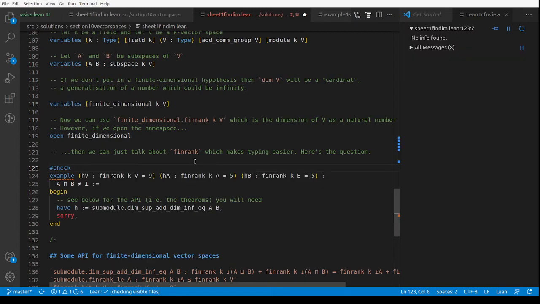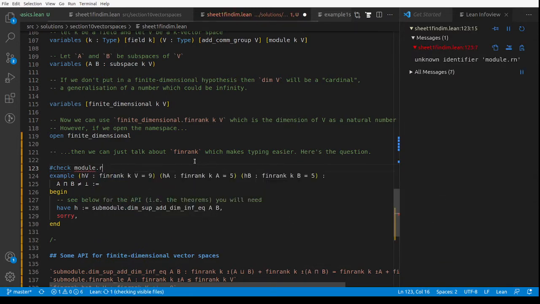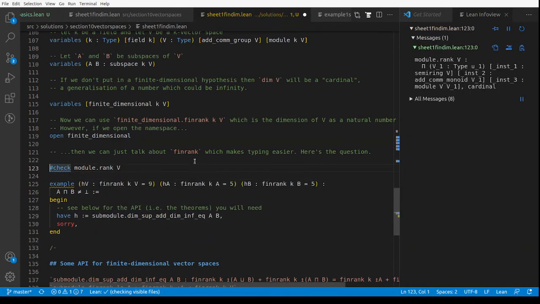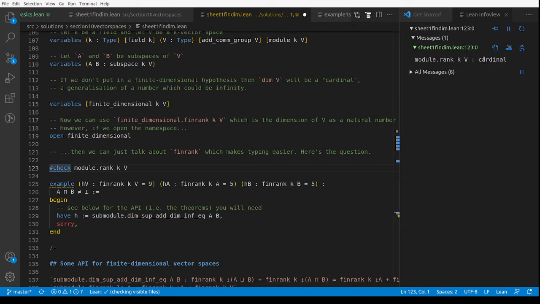It's called module.rank. Module.rank K V. Let's see what we get. You see, the problem is it's a cardinal. Yeah, there it is. It's a cardinal, which is some kind of generalization of a number.